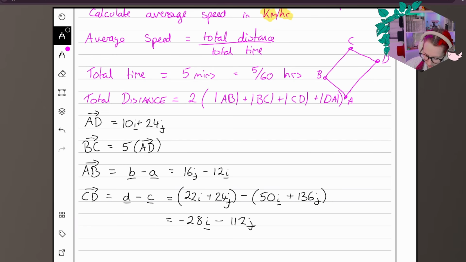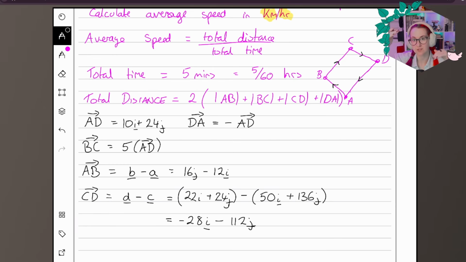And the thing to know here, I've got DA because you go round the track in this direction. DA as a vector is going to be negative AD. But it's not going to matter too much because when we're talking about length, what I've done with this notation with the vertical lines is the length of the vector.